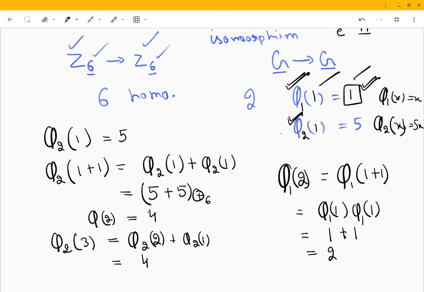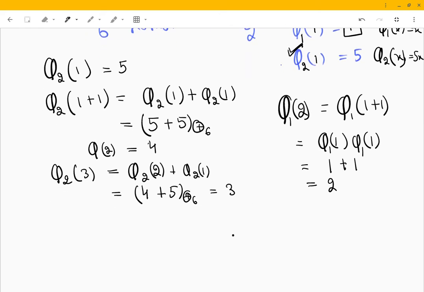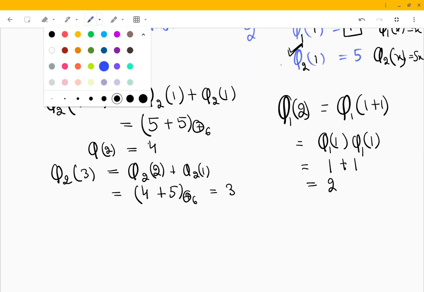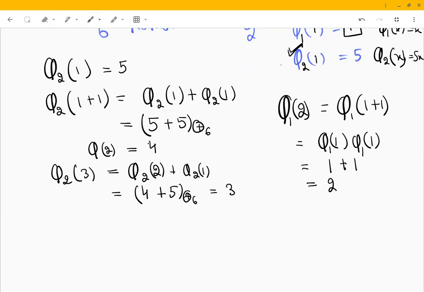4 plus phi of 1, which is 5, which is 9. 9 mod 6 is 3. Okay, nice. Now observe what I was saying. Phi of 2 is 4. So what is the inverse of 2? It is 4.